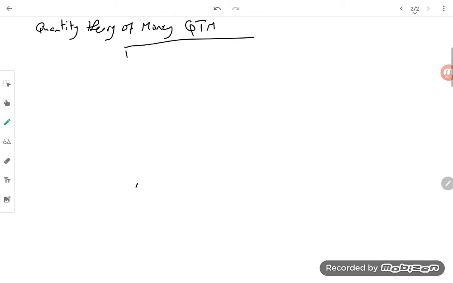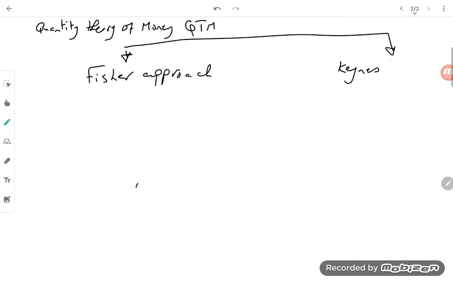There are two different approaches explaining the quantity theory of money: the Fisher approach, or classical approach, and the Keynes approach, or income theory approach.